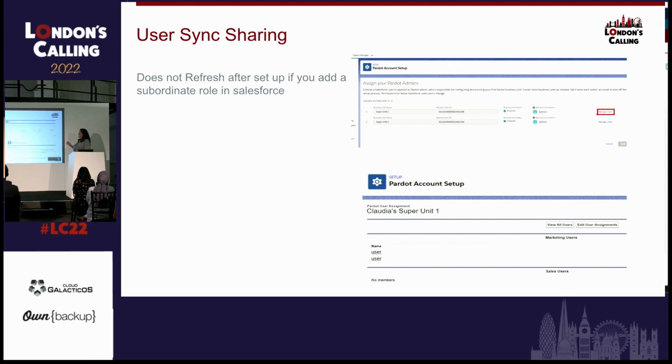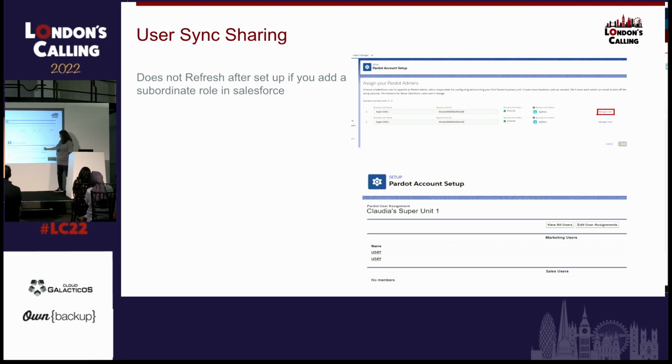So this is to do with when you set up a Pardot business unit. You come across here and you set it up, and you've got this Manage Users button. In Manage Users, you identify down here which users or roles or groups you're going to allow to have access into this business unit.